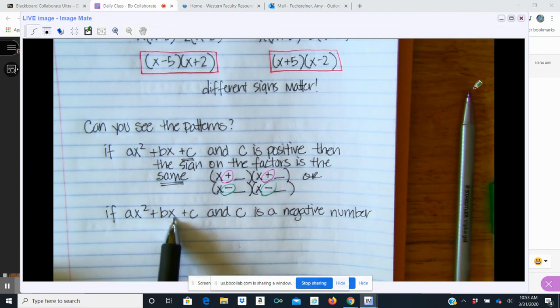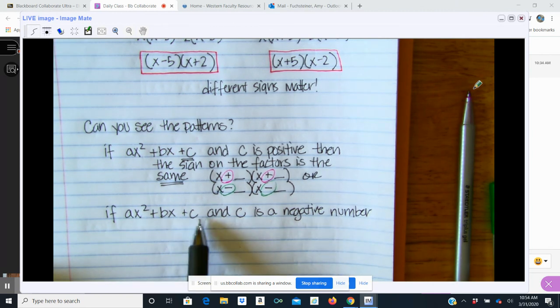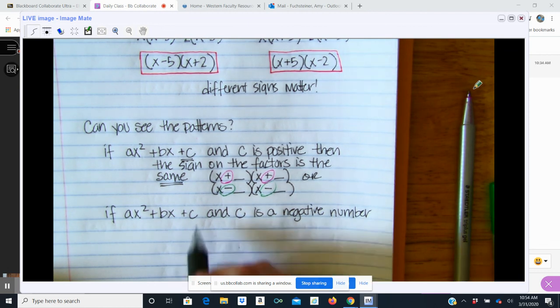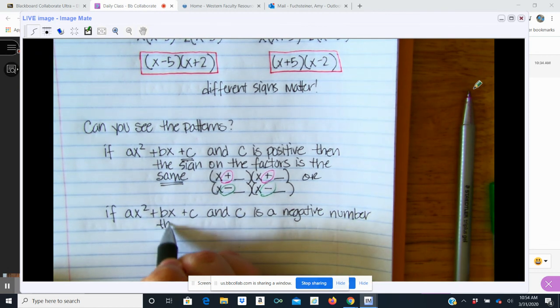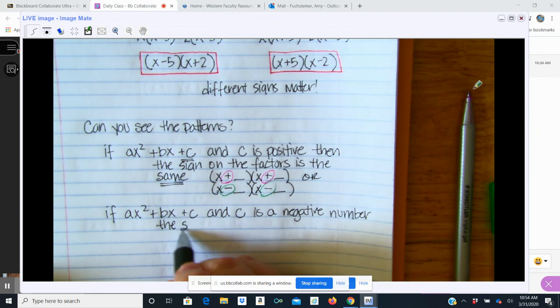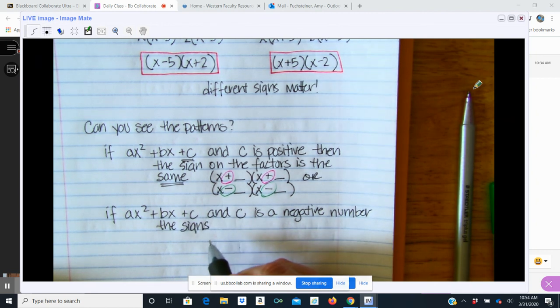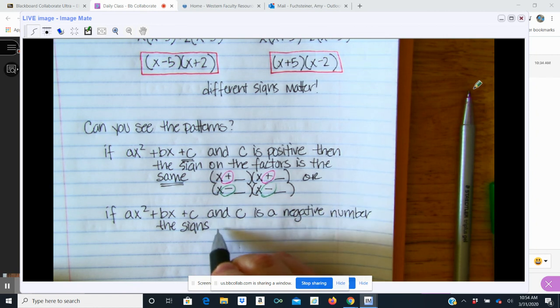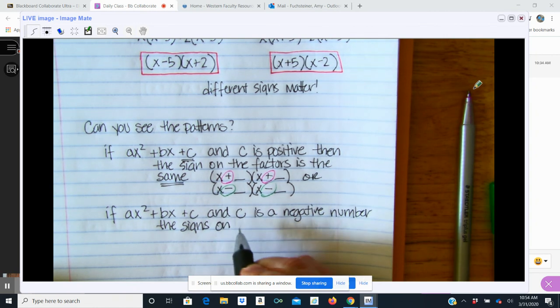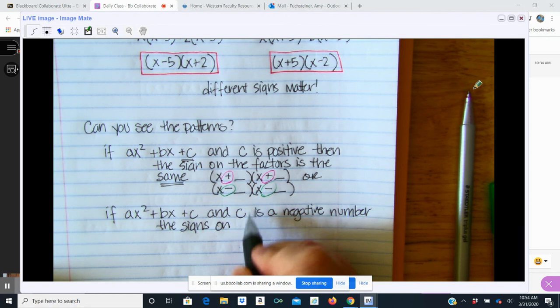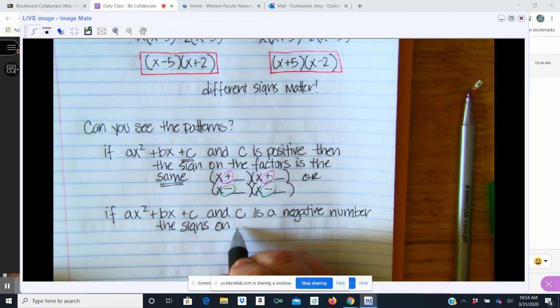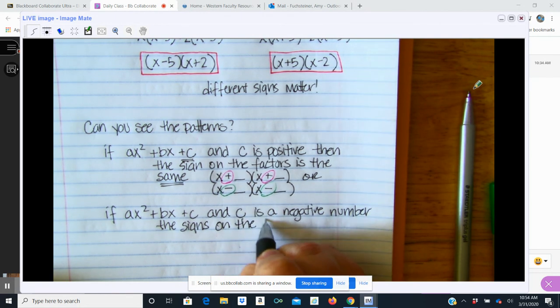What if you've got this same idea, but this isn't a plus c, that's a minus c? Let's say c is negative. Then this side. Go ahead. Correct.